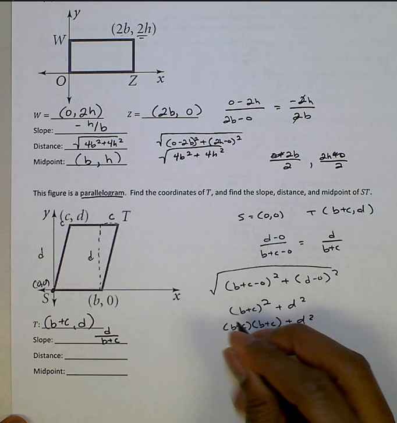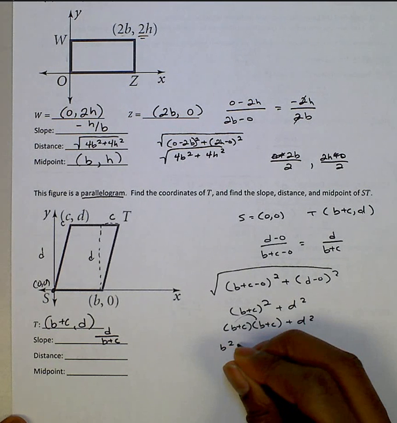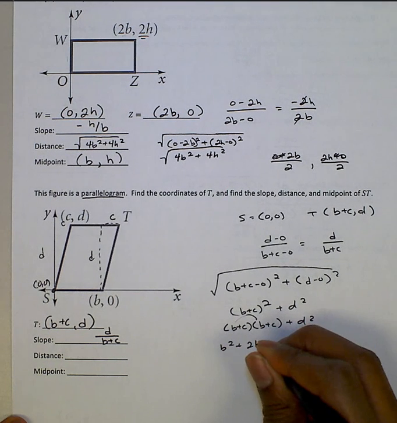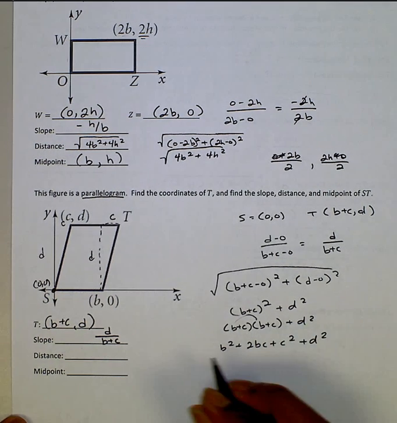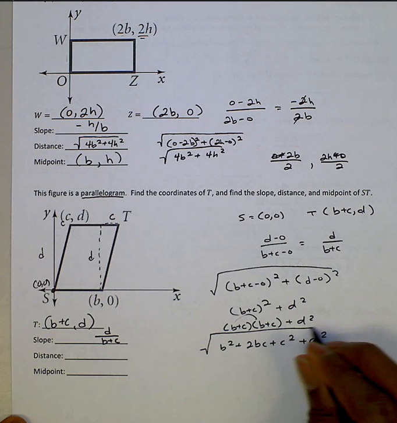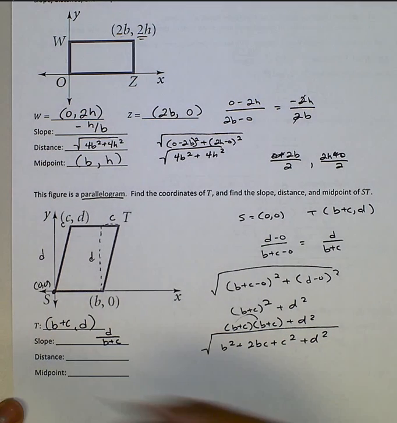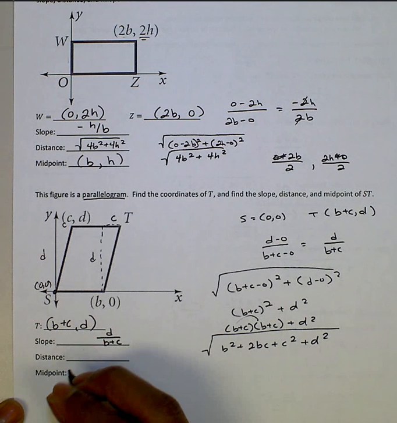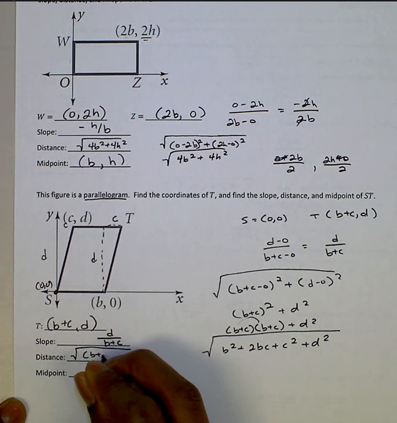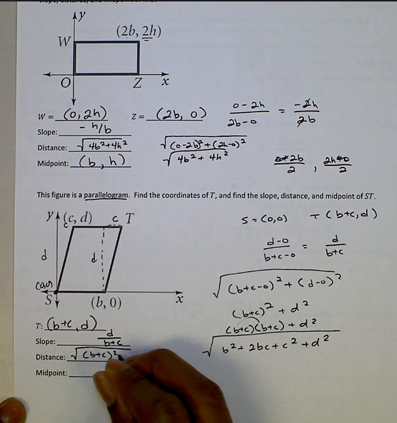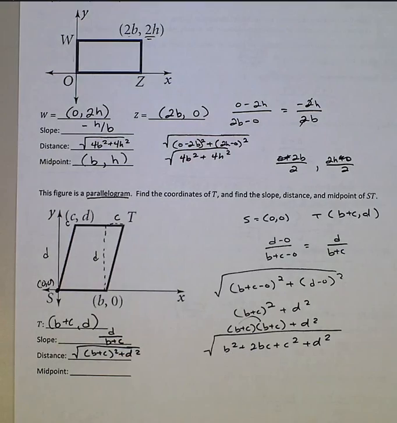So that gives us B squared plus 2BC plus C squared plus D squared. So the distance, this big number, you can write it all out like that, or you could say the square root of B plus C squared plus D squared. Either way works out. Usually we'll use that as a comparison to find out if two segments are the same distance apart.